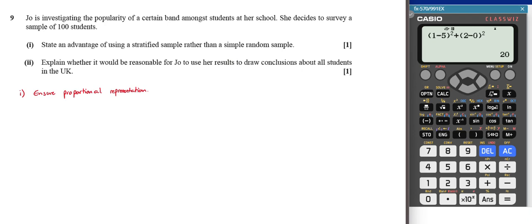Explain why it would be reasonable for Jo to use her results to draw conclusions.